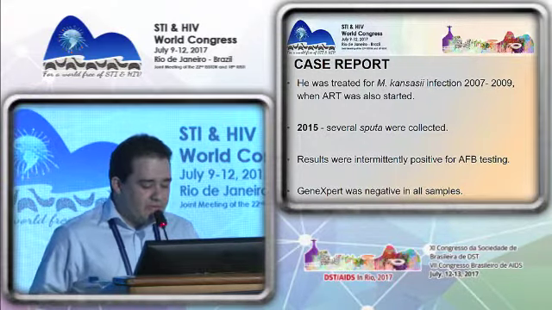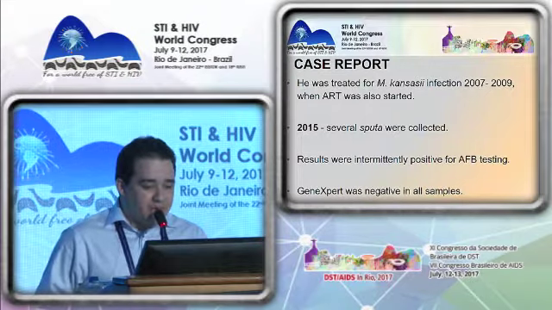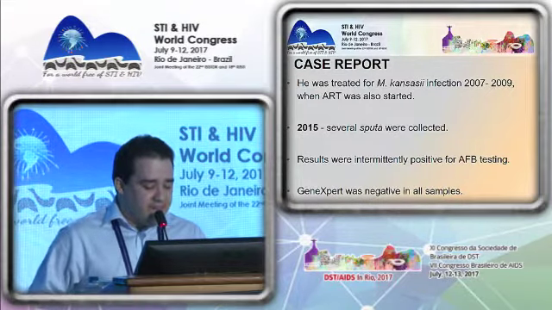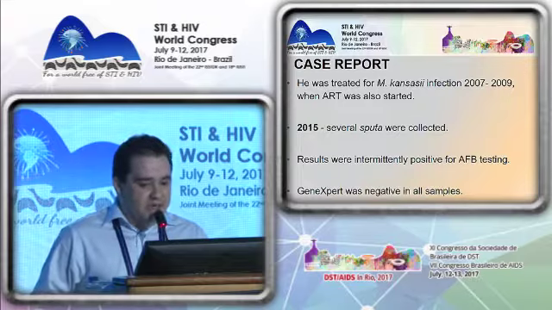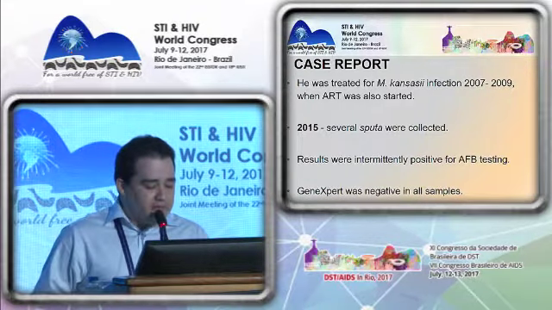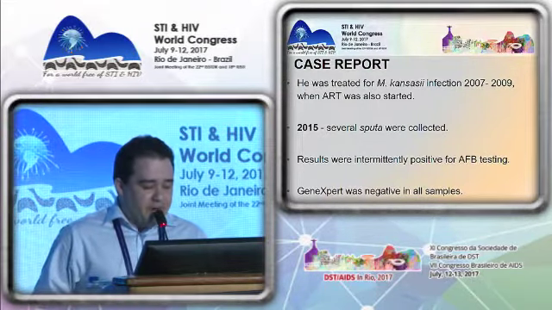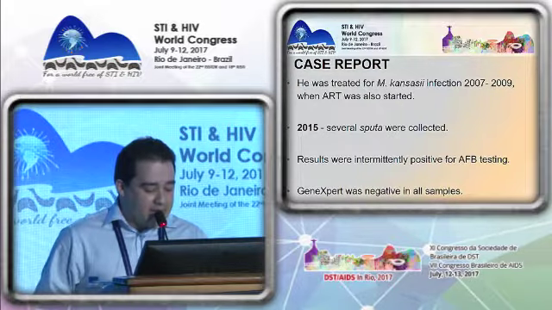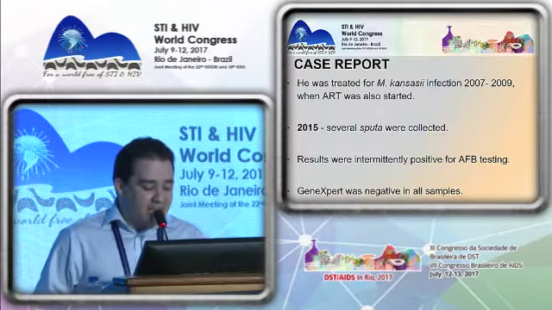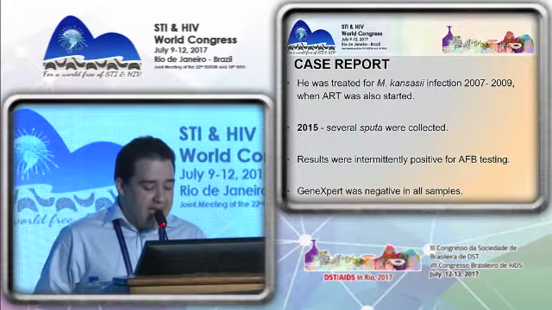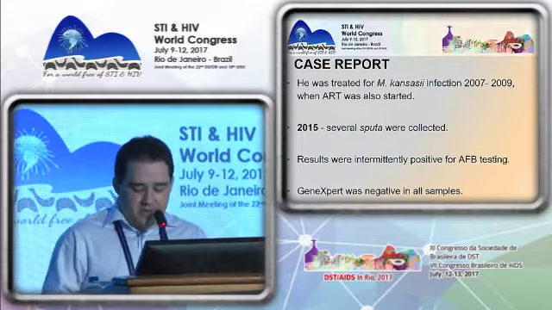As previously stated, he was treated for Mycobacterium kansasii infection from 2007 to 2009, when antiretroviral therapy was also started. In 2015, several sputa were collected and AFB tested positive, but we performed GeneXpert tests and all samples were negative, leading us to believe that it wasn't Mycobacterium tuberculosis.